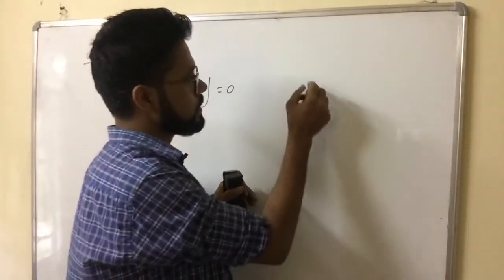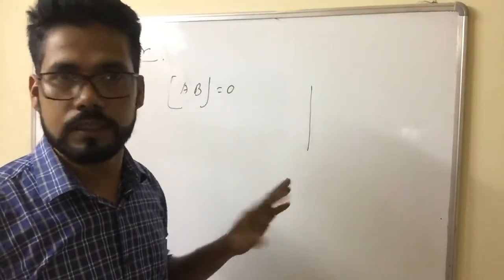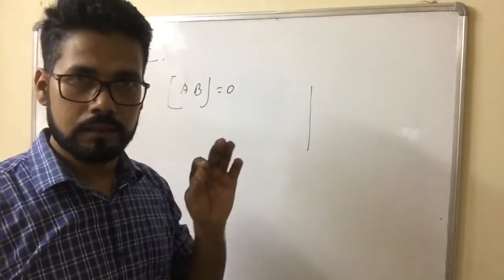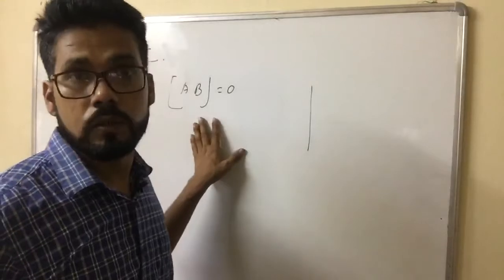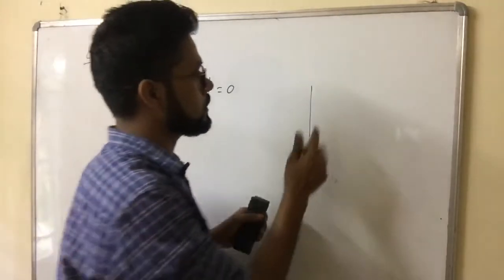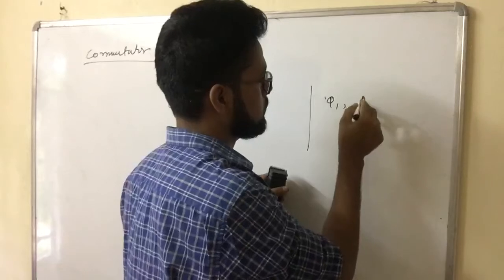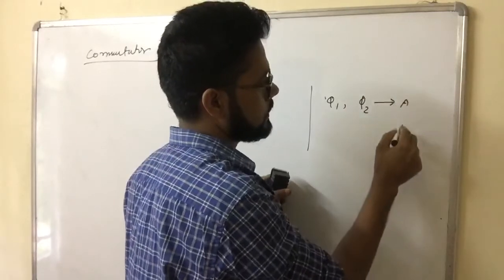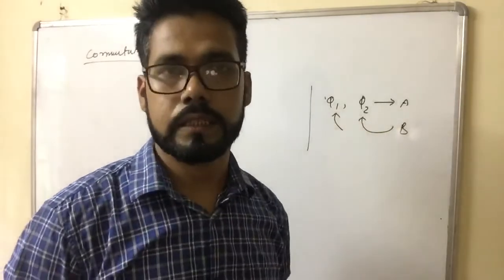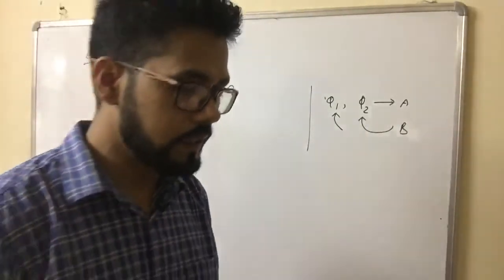The first consequence: if it is 0, then we can measure simultaneously with desired accuracy. If it is not 0, we cannot measure the quantities with desired accuracy. Clear? If it is 0, these two operators have a common eigenfunction. Suppose this is an eigenfunction, a basis vector of A, and this is also a basis vector of B. This is known as a common eigenfunction. Then do one problem, then you can easily understand.